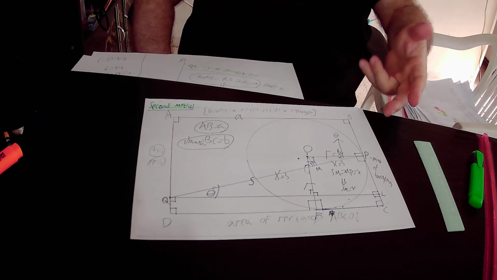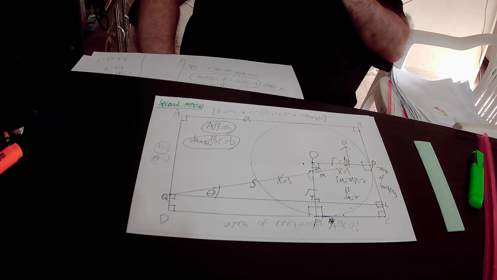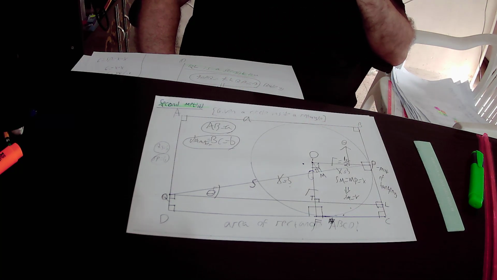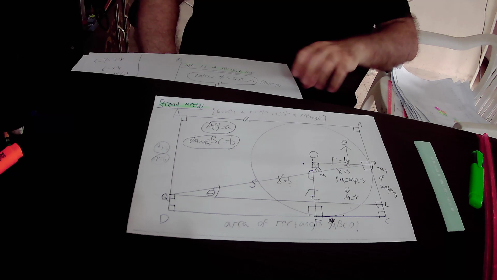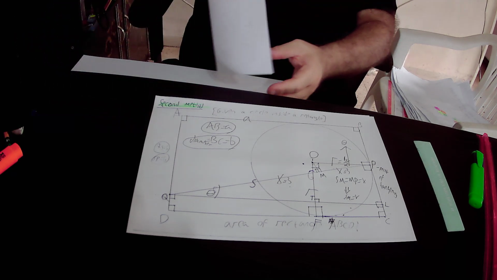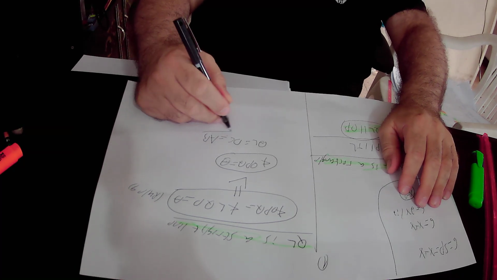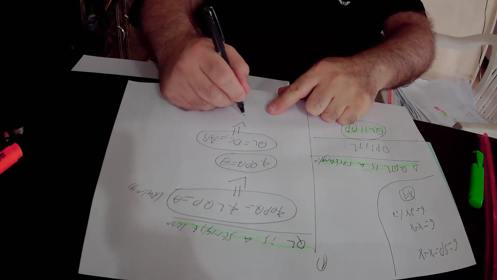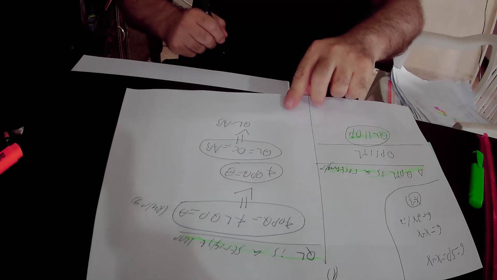But we also know that ABCD is a rectangle, and the opposite sides of rectangle ABCD are also equal to each other. That is to say, AB equals DC. And from the equation QL equals DC equals AB, we will derive that QL also equals AB.